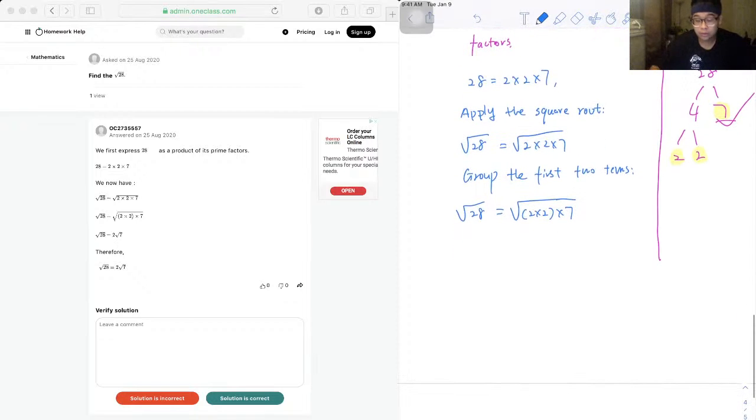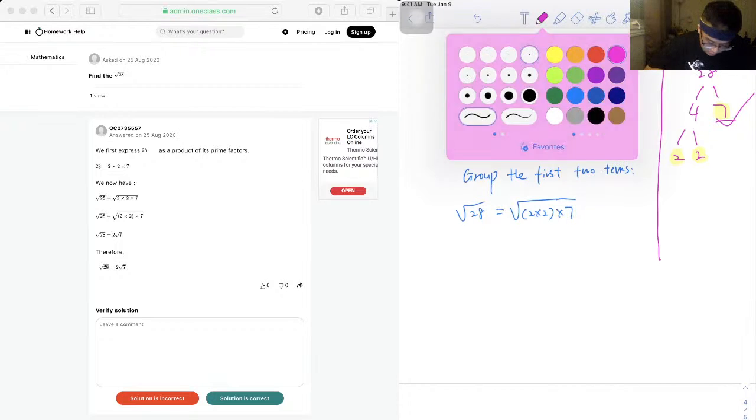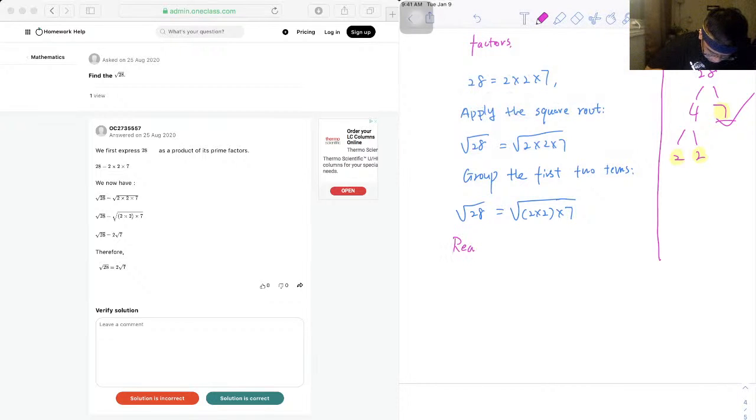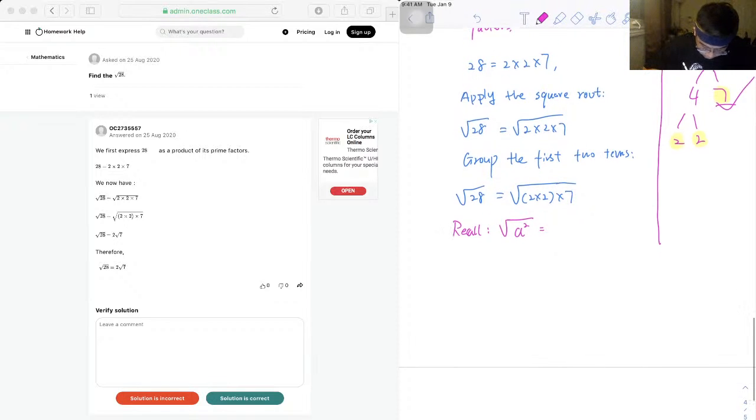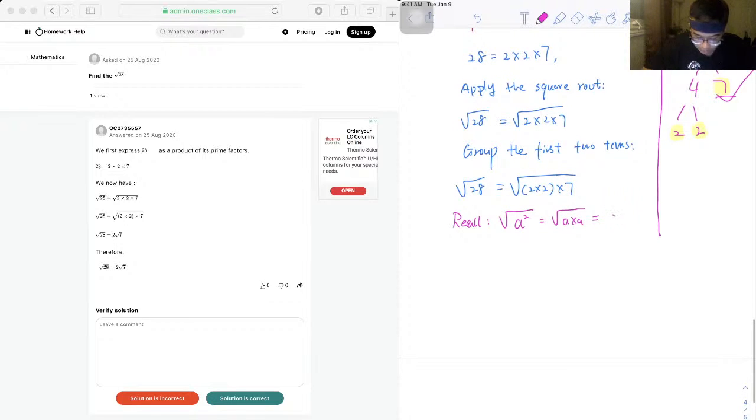And the reason why we're doing this is because we know a squared is just equal to a times a. If we take the square root of a number squared, it is just going to be equal to the number itself.